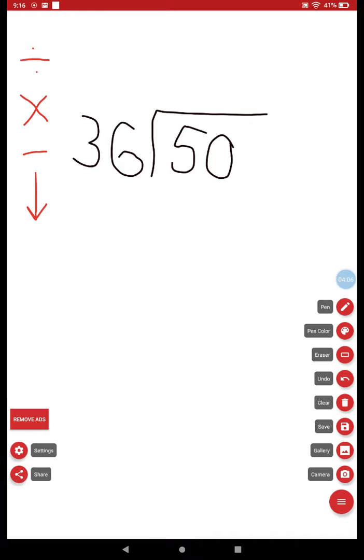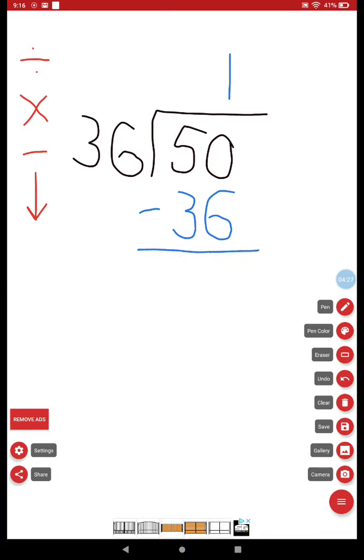Well, how many 36s fit into 50? Only 1. Let's do the next step, multiply, since we've already divided. What's 36 times 1? Very good, that's going to be 36. Let's subtract those two. What's 50 take away 36?